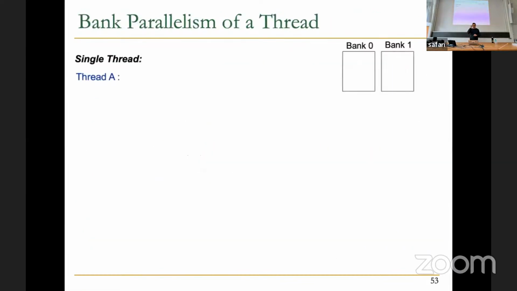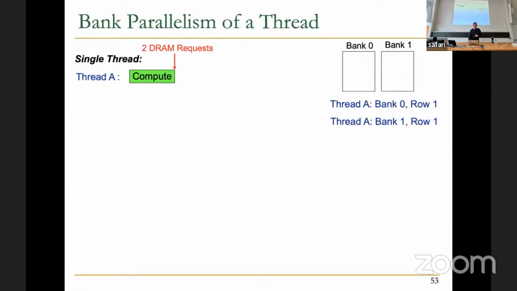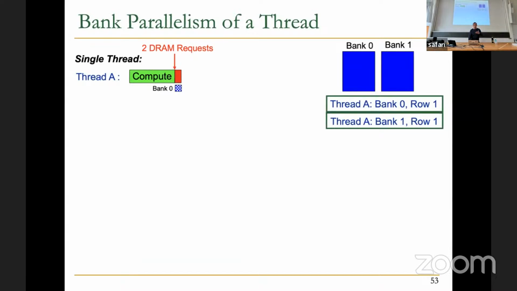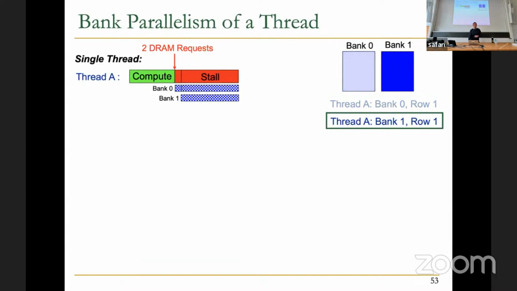So let's take a look at an example. We're going to look at a single thread over here, thread A. It computes. It generates 2 DRAM requests. They happen to go to different banks, which means that the memory controller receives the first request, starts accessing bank 0, and then things stall, of course. The memory controller then starts accessing bank 1, and these 2 requests are serviced in parallel.